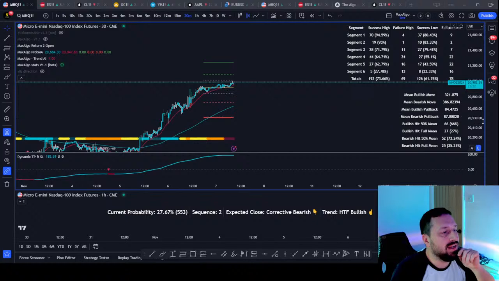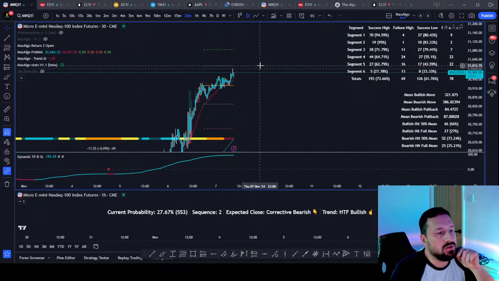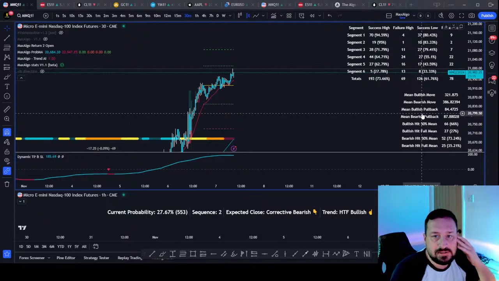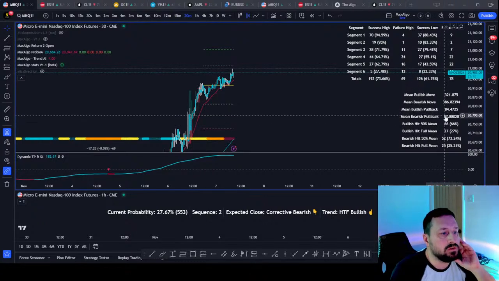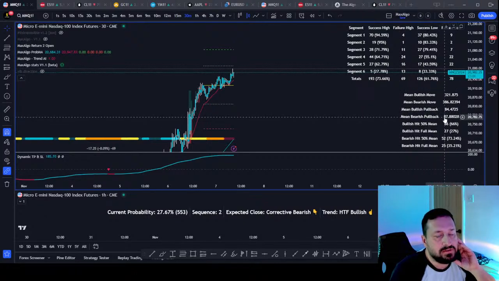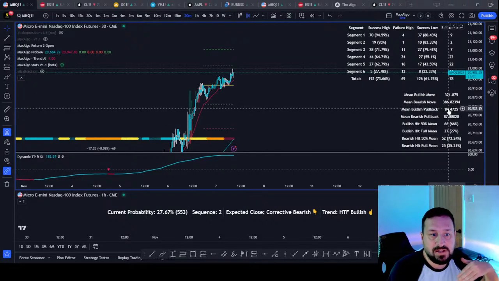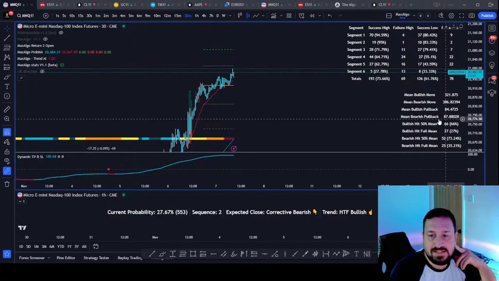So here's our manipulation. These grey dots are pullbacks, manipulation, whatever you want to call them. It's basically showing you that on all bearish candles, the average price went in the opposite direction before being bearish was this, 87, right? So that level is marked on the chart.